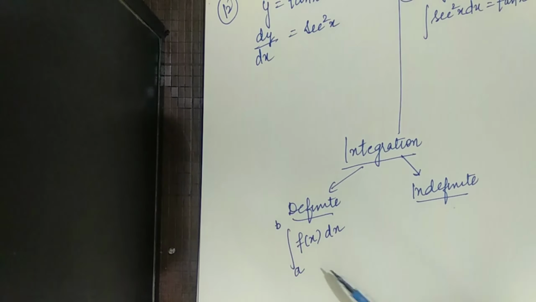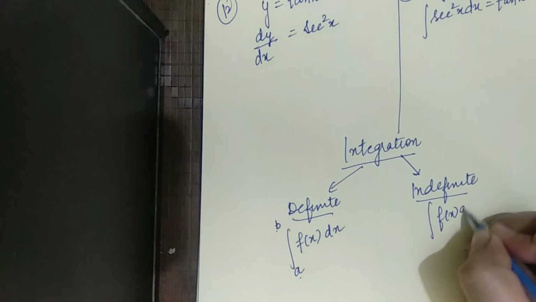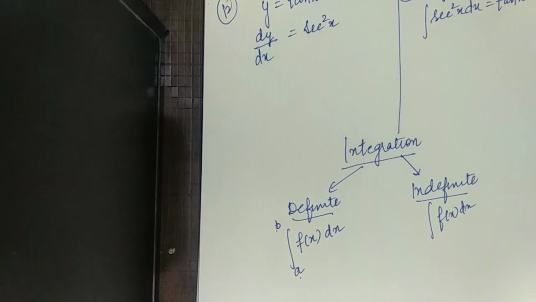This is an exact value, that the function will go from a to b. But if I say we have to integrate the function f of x dx, but I have not given you the exact values, then in that case this will be the indefinite integral.